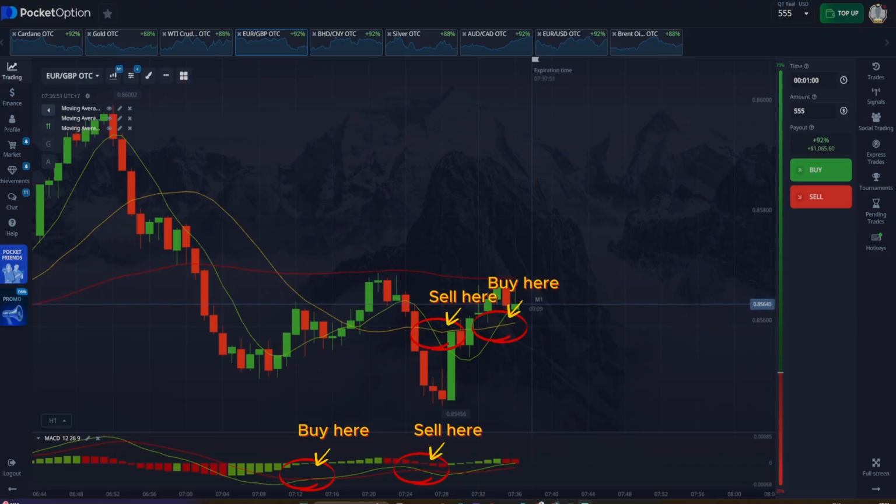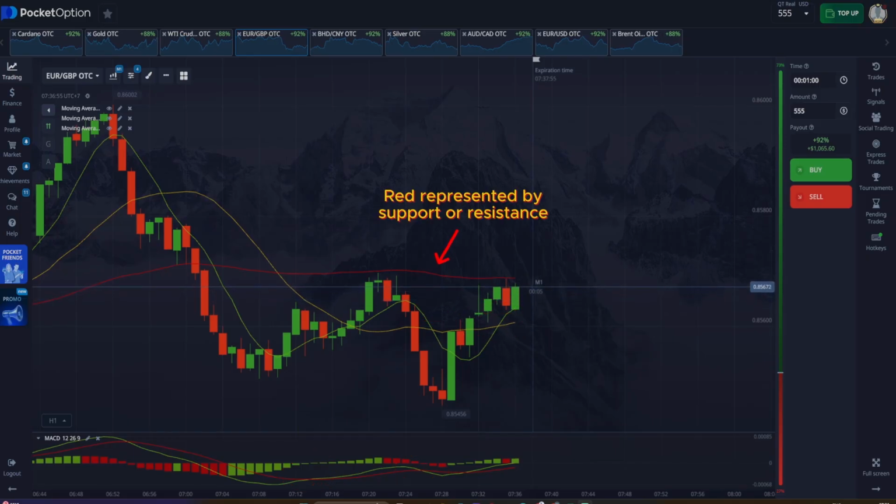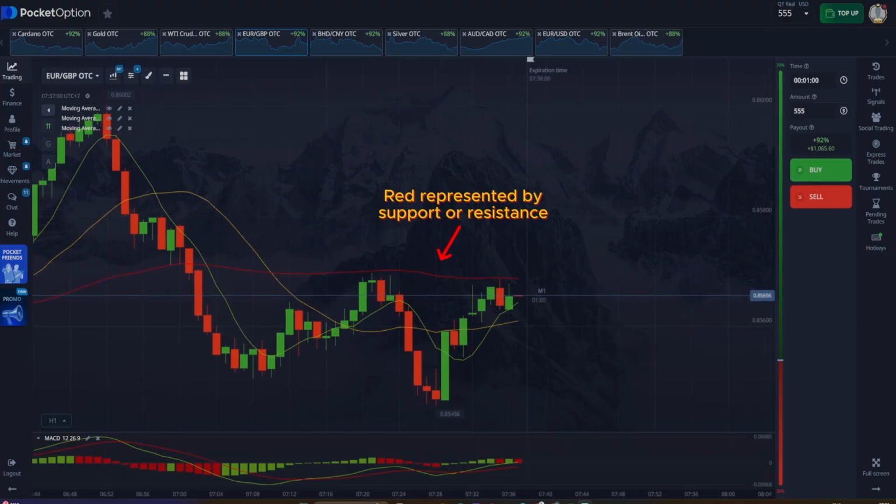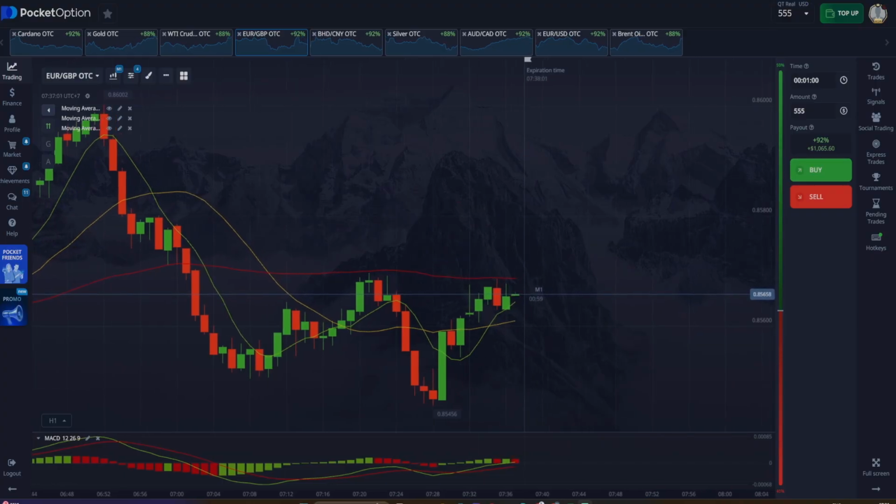But remember, we don't rely on crossovers alone. We must always pay attention to the red line, the 60-period moving average, which acts as a dynamic support and resistance. Every time price touches this line, it often reacts, bouncing or rejecting. And that reaction gives us additional confirmation for a precise entry.